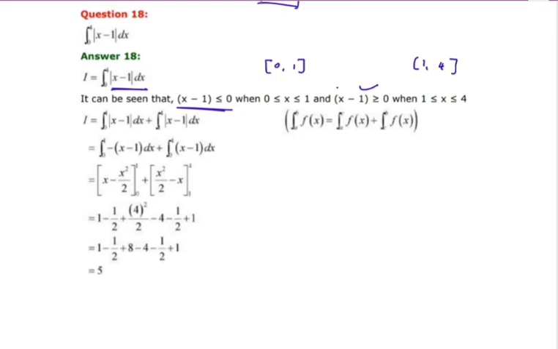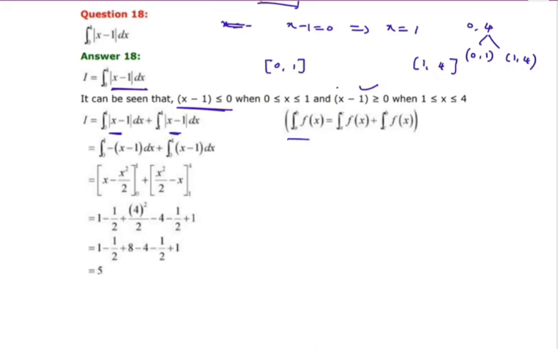So x minus 1 equals 0 implies x equals 1. So we have split the limits 0 to 4 into 0 to 1 and 1 to 4.